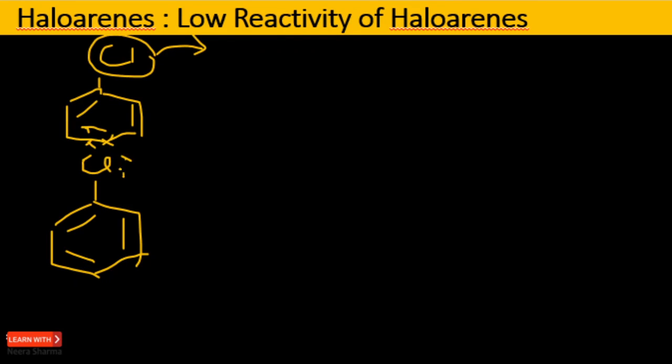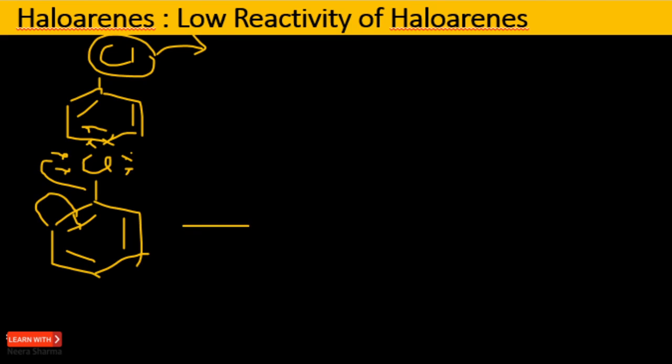Chlorine has 7 electrons and 1 electron is used up in the bond, and 6 electrons, 3 pairs of electrons, are present on the chlorine. Now this one pair of electrons can form a double bond between chlorine and this carbon, and this double bond will shift to the ortho position.